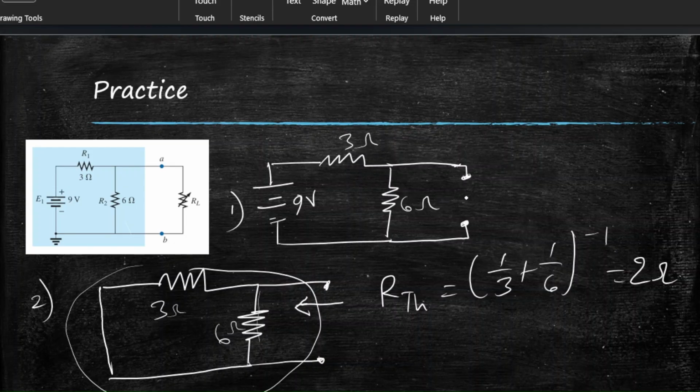Now we have to find the normal equivalent resistance, or RT. This time not from here, it will be from the voltage source. Now we can see that 3 and 6 are actually in series. This is an open circuit here, so no current flows. So RT is equal to 3 plus 6, so 9 ohms. That's RT.